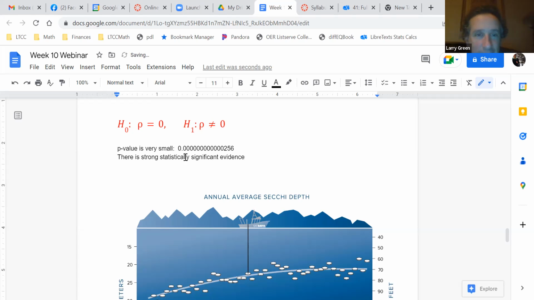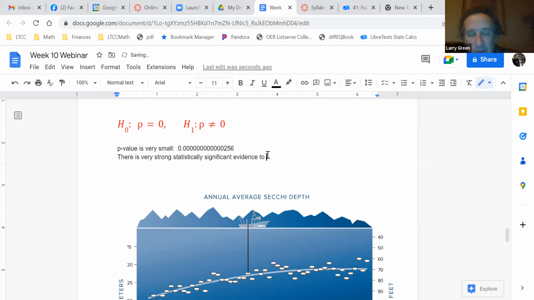And in fact, this is so close to 0, I'm going to really exaggerate and say very strong statistically significant evidence because it's really low. If it's lower than 0.01, I'll use the word strong. If it's obscenely low, I'll typically use very strong.